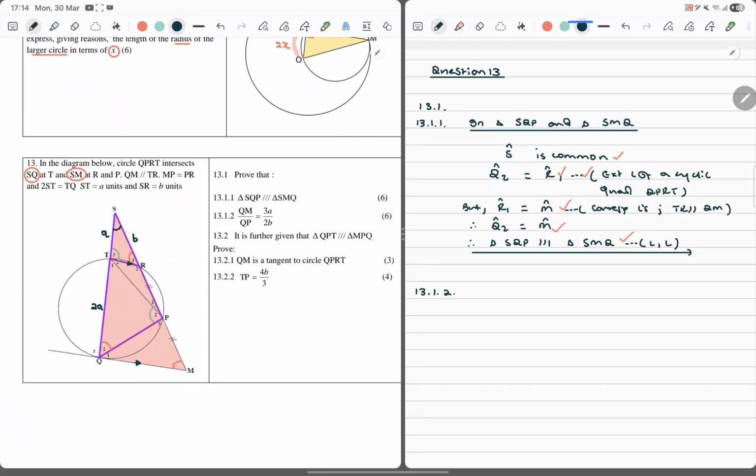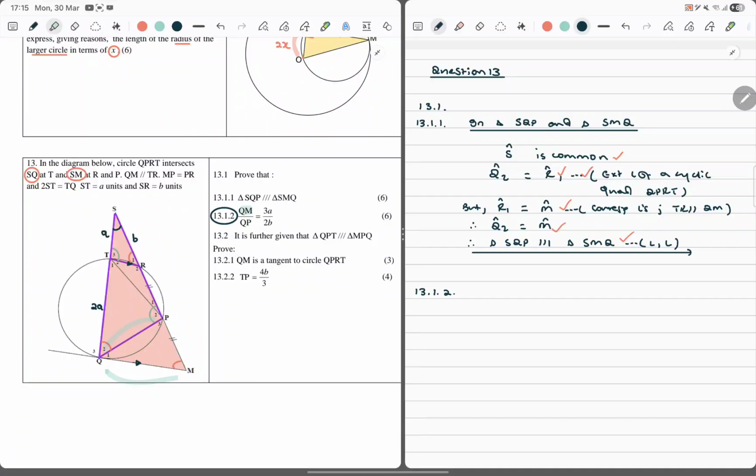13.1.2. Now we need to prove that this is the case. With these ones, we look at these sides. Where is QM? QM is here. It's the side of the big triangle. QP, where is it? QP is also the side of the smaller triangle.